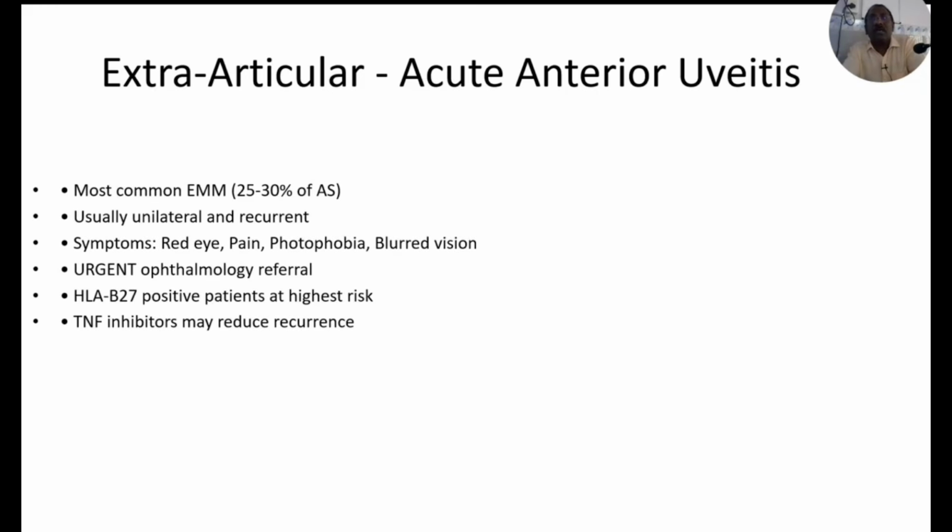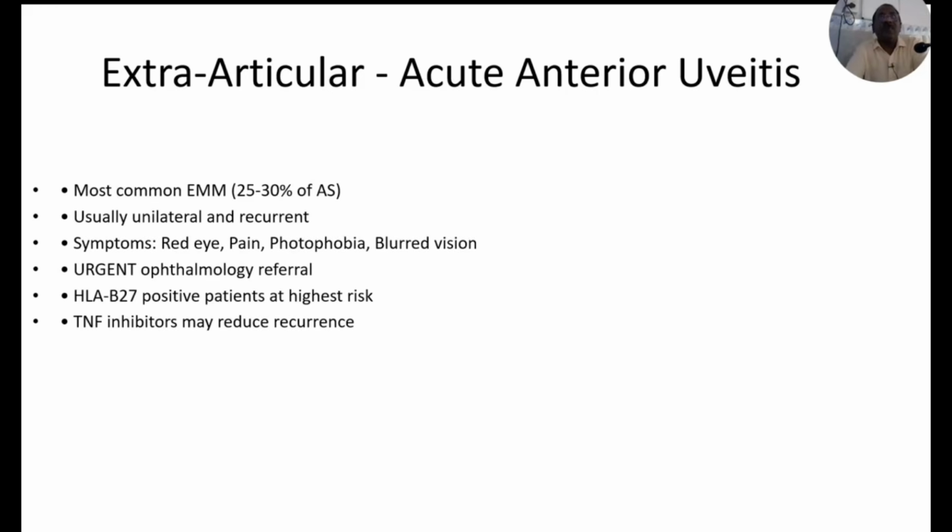So they reach the ophthalmologist. Now the ophthalmologist refers this case to you to decide whether this fellow has any underlying autoimmune disease or underlying ankylosing spondylitis, etc. So urgent ophthalmology referral. HLA-B27 positive patients are at the highest risk, and TNF inhibitors may reduce the recurrence. So here in such patients, anterior uveitis or psoriatic arthritis, etc.